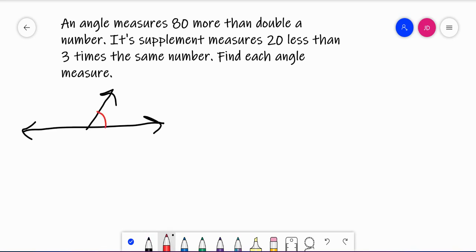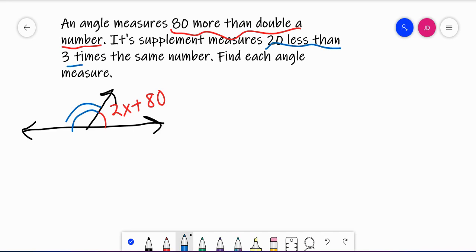This one is 80 more than double a number, so be careful: 2x plus 80 is this one. This angle right here is 20 less than 3 times the same number.